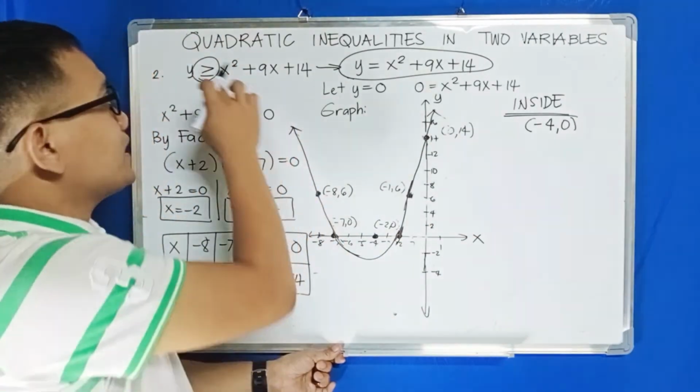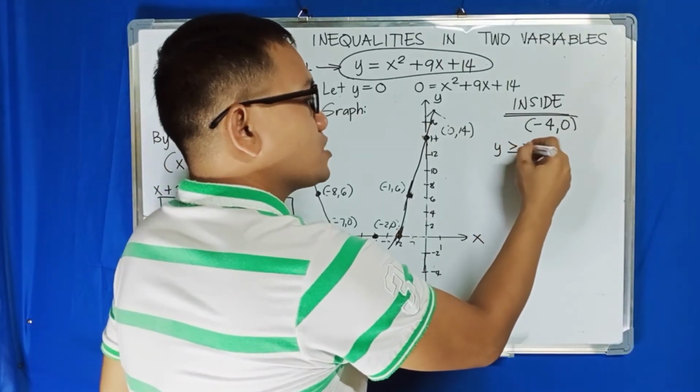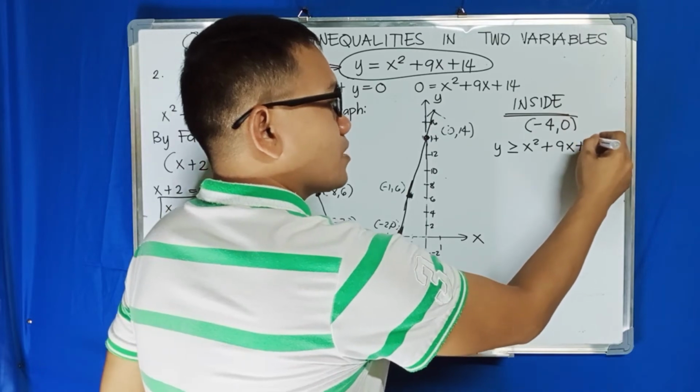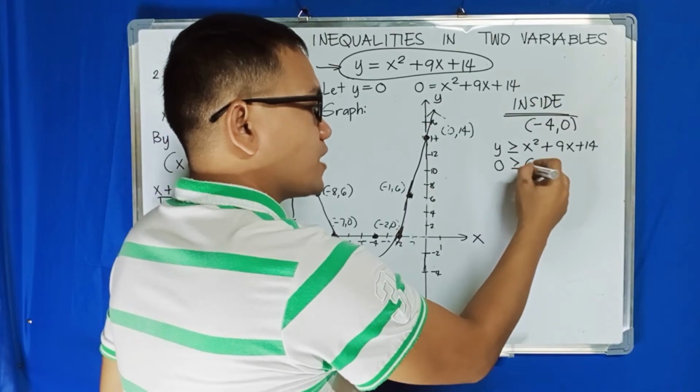So using our quadratic inequality, wherein y is greater than or equal to x squared plus 9x plus 14, substitute our y, which is 0, and our x, which is negative 4.